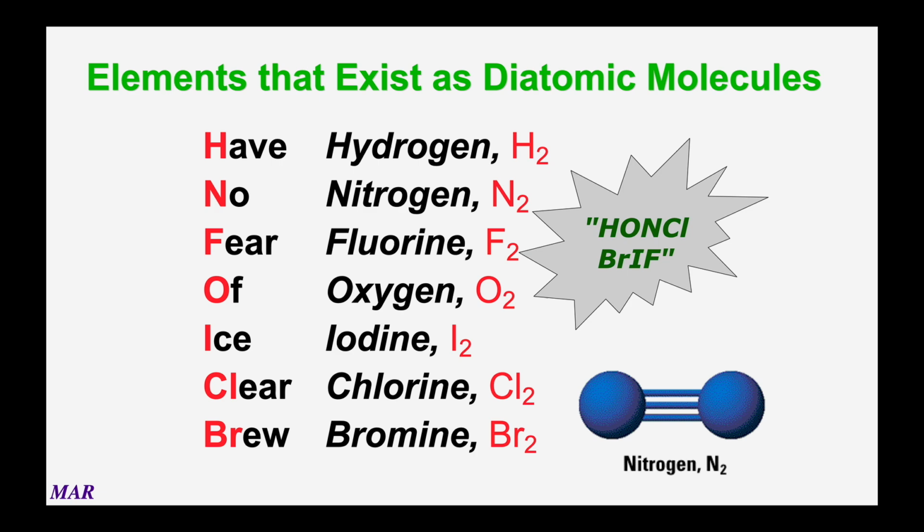I don't know, for some reason that works for me. Anyway, each of those letters is one of the 7 diatomics. Have No Fear of Ice Clear Brew, HNFOICLBR. So you can use Honkel-Brief, you can use my Have No Fear of Ice Clear Brew, whatever you want to do. Just realize that these 7 do exist in pairs, and that's something you've got to take into account when you're doing things.